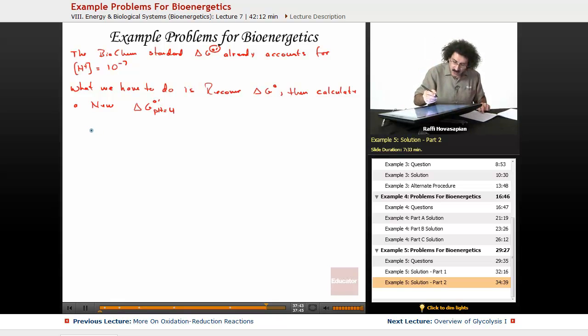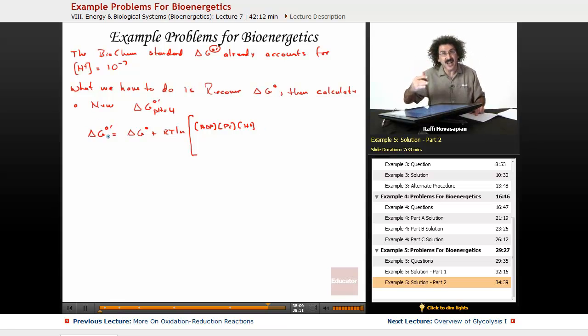Well, here's the equation. The delta G biochemical standard is equal to the delta G chemical standard plus RT ln of everything the same, ADP, Pi, but this time the H is put in there.